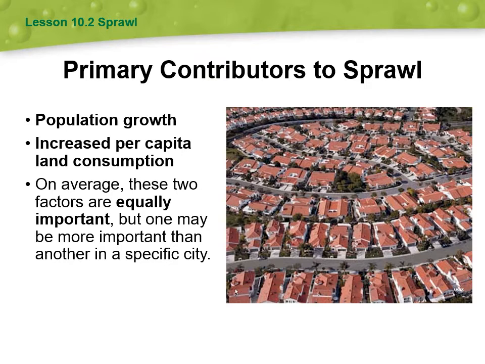So two factors are really important to cause sprawl, but one may be more important than another in a specific city. That really depends on the demographics of the city that you're looking at.